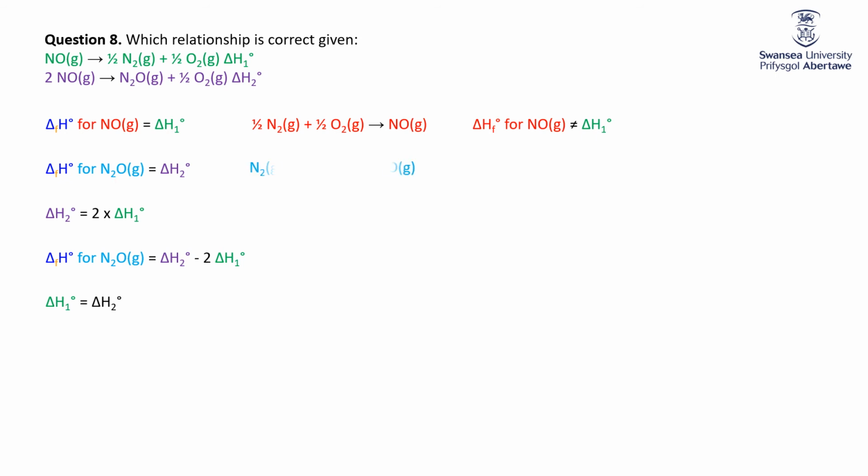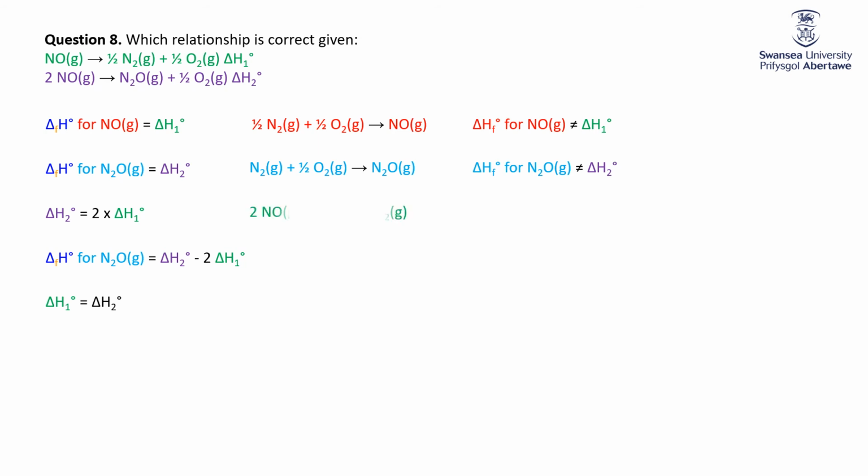Well, delta Hf for N2O would be making 1 mole of N2O from its elements in their natural state, N2 and O2. I've got 2 nitrogen atoms in my final molecule, so that's N2, and only 1 oxygen atom, so it'll be a half O2. This is very definitely not this equation here, so delta H2 does not correspond to delta Hf for N2O.